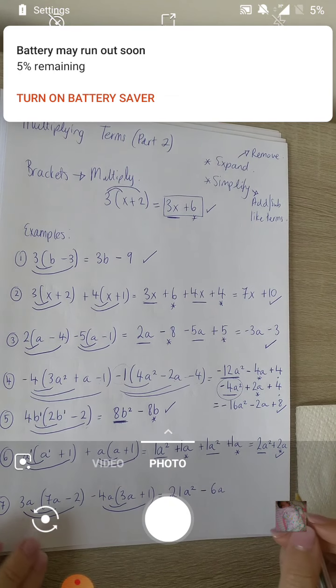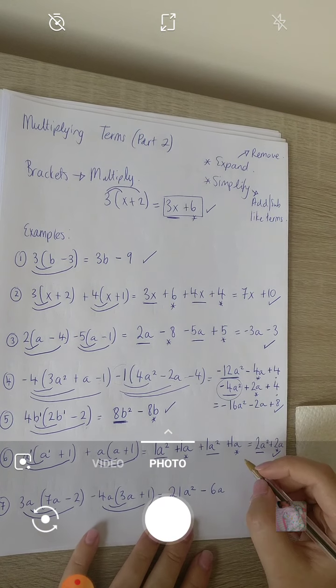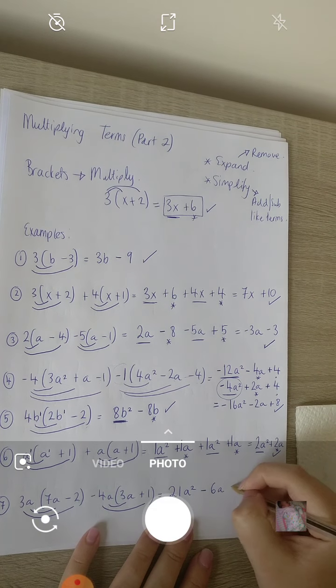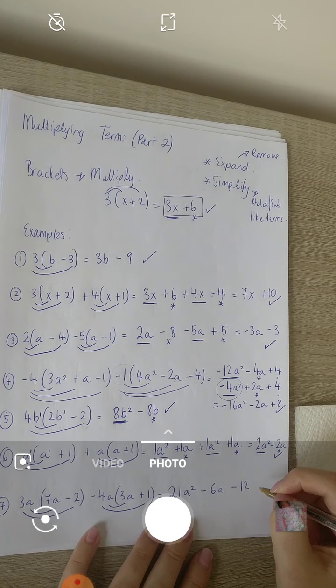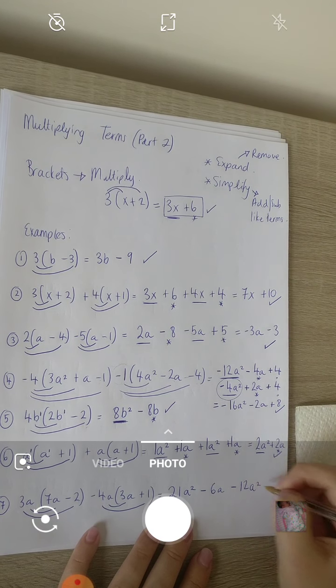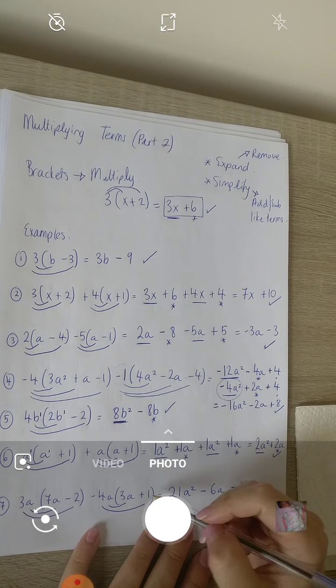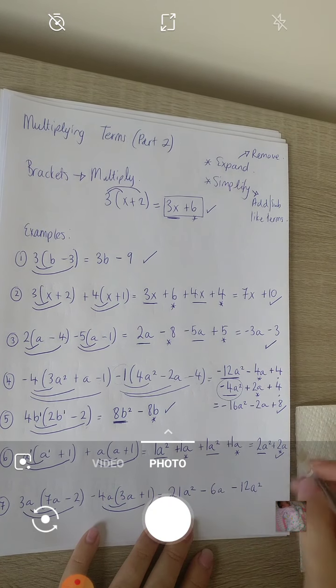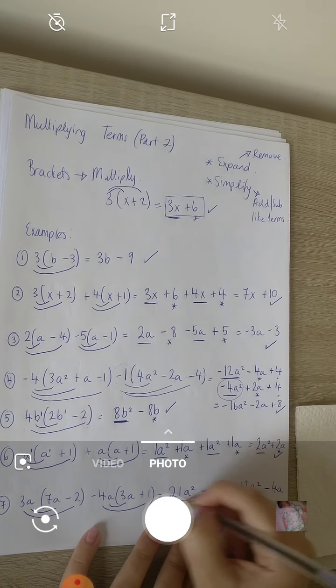Next part, we have minus 4a by 3a. So minus by a plus is minus. 4 by 3 is 12, and a by a is a squared. And then we've minus 4a by 1, so minus by a plus is minus. 4a by 1 is just 4a.